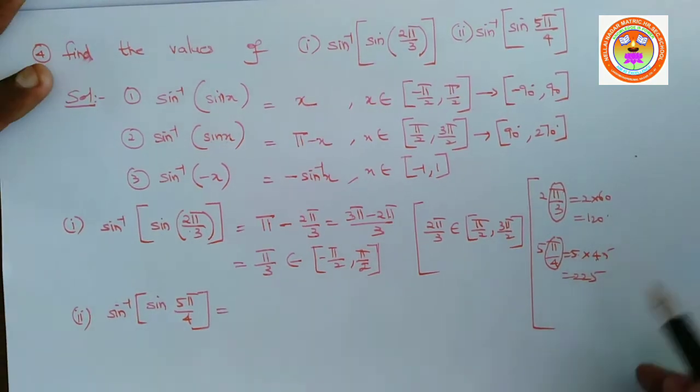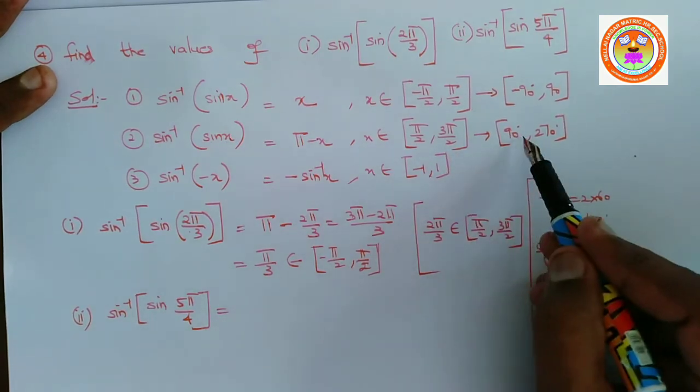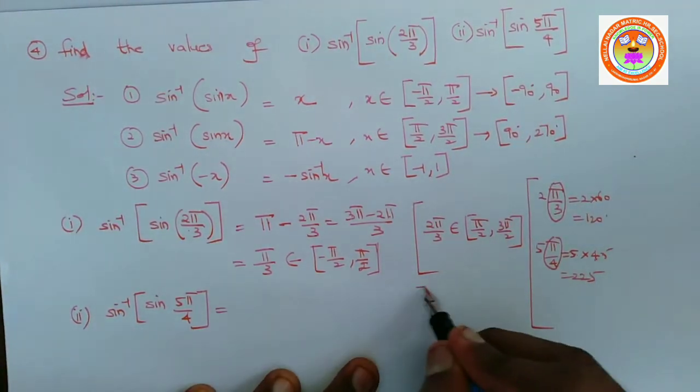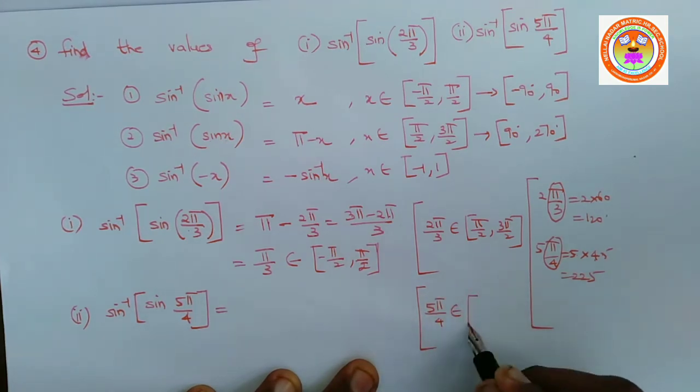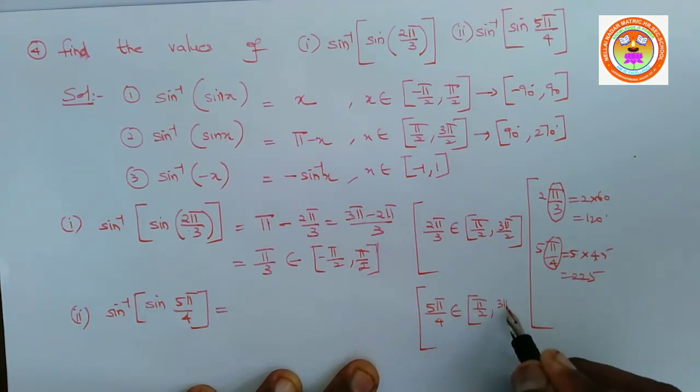Where does 225 lie? Between 90 and 270. So we write that 5π/4 belongs to (π/2, 3π/2).